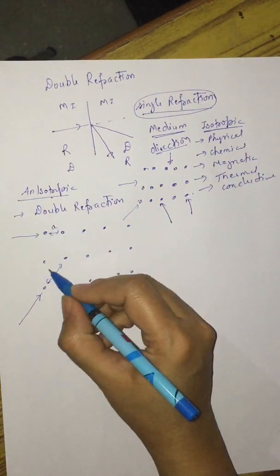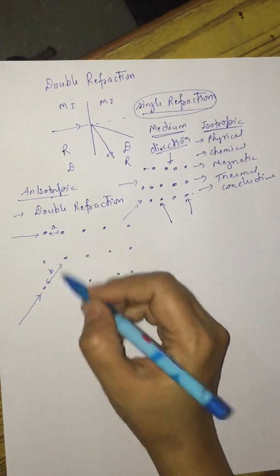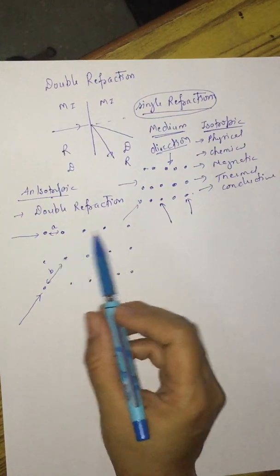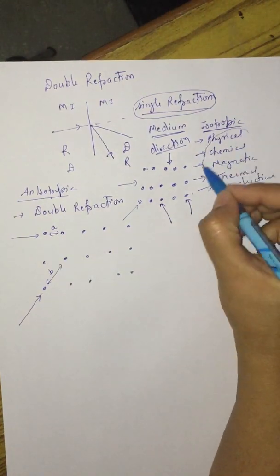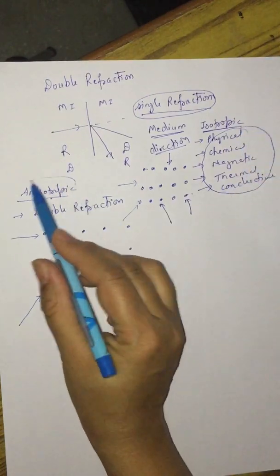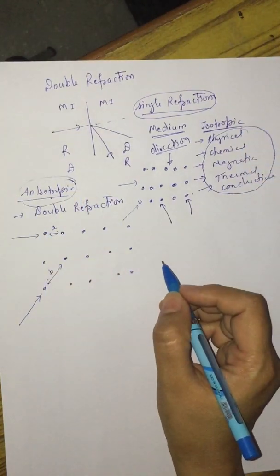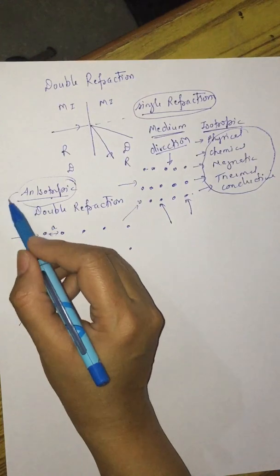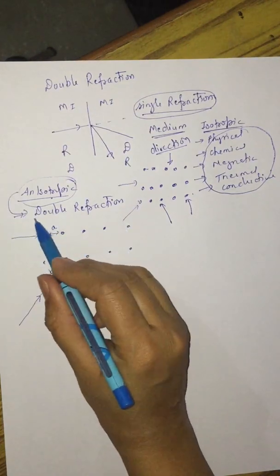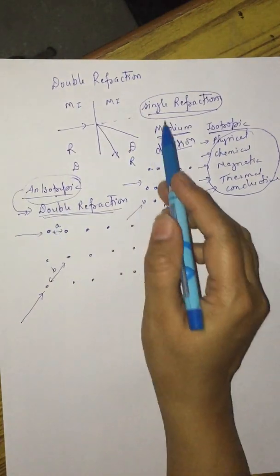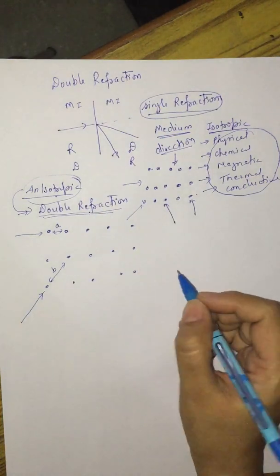If this distance is a, the other distance is b. It means with change of direction, the properties of the material change, and due to this anisotropic behavior, the refraction moves from single refraction to double refraction.